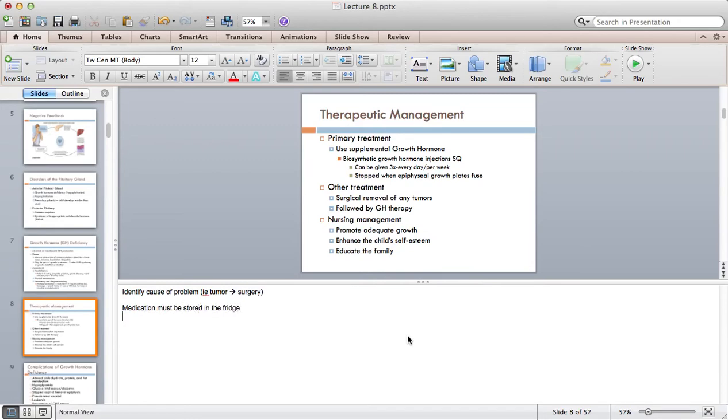Another important thing would be infection control. They need to rotate the site. They also need to dispose of the sharp needles that they are using properly.